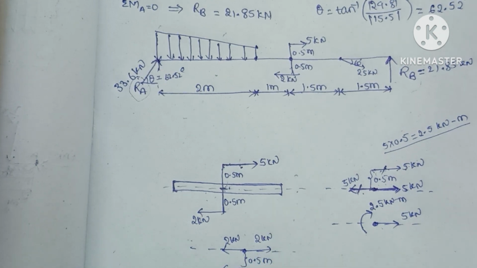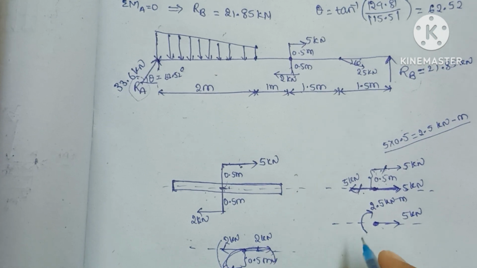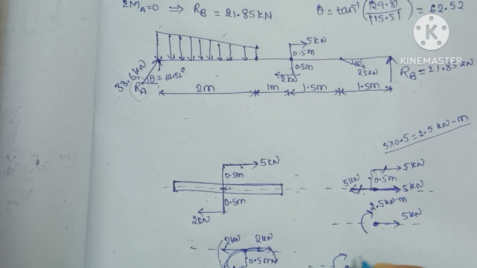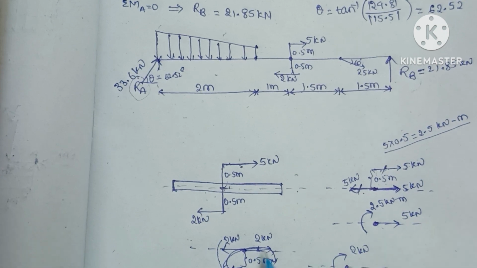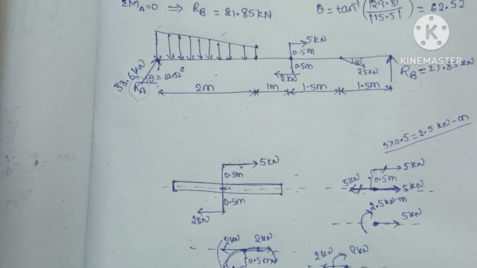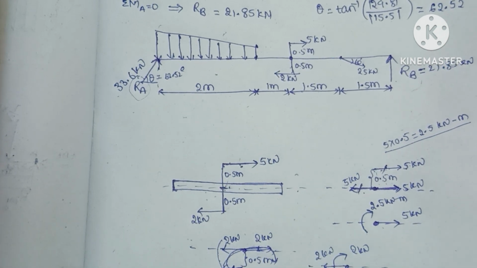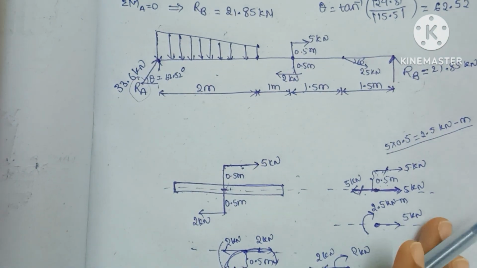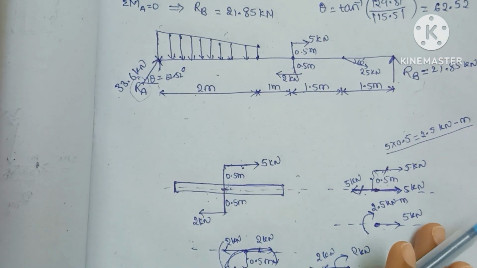Because of this load and this load, which cause a moment at this point in the clockwise direction, I am writing it here, and the 2 kilonewtons of force acts on this side. In this way we can shift the forces that I have shown in the free body diagram. In this way we can shift the loads.